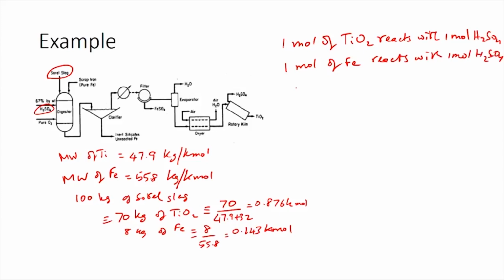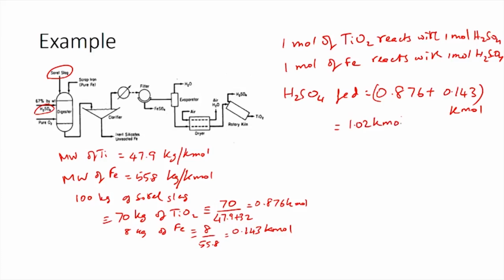So, this means H2SO4 fed would be equal to 0.876 kilomoles plus 0.143 kilomoles, which is the number of moles of TiO2 and iron fed in the form of sorrel slag. So, using this we get the amount of H2SO4 fed is 1.02 kilomoles, and this would weigh 100 kilograms.